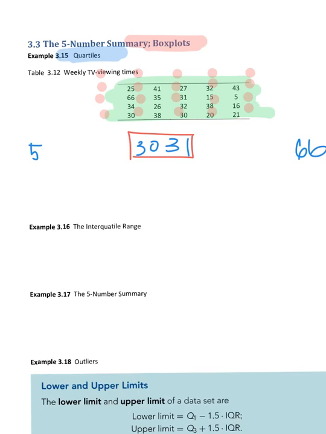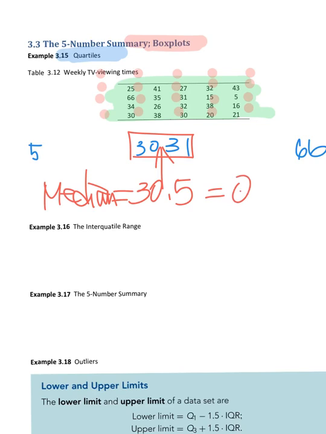The average will be 30.5. You just take the sum of the two numbers, 30 and 31, divide by 2, 30.5. It is the median. Actually, it is the second quartile, Q2.